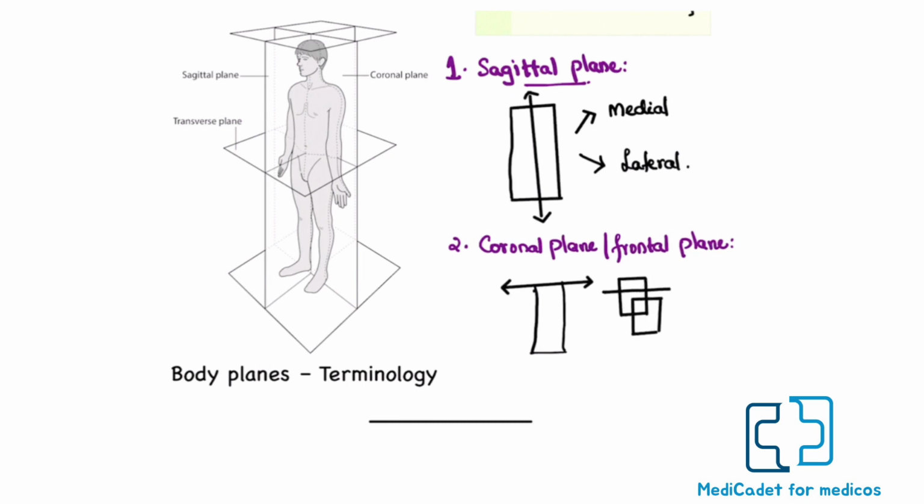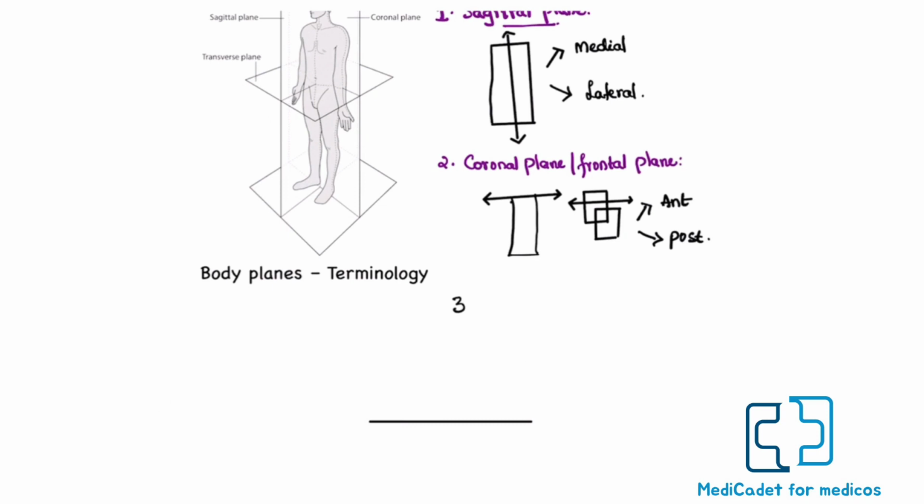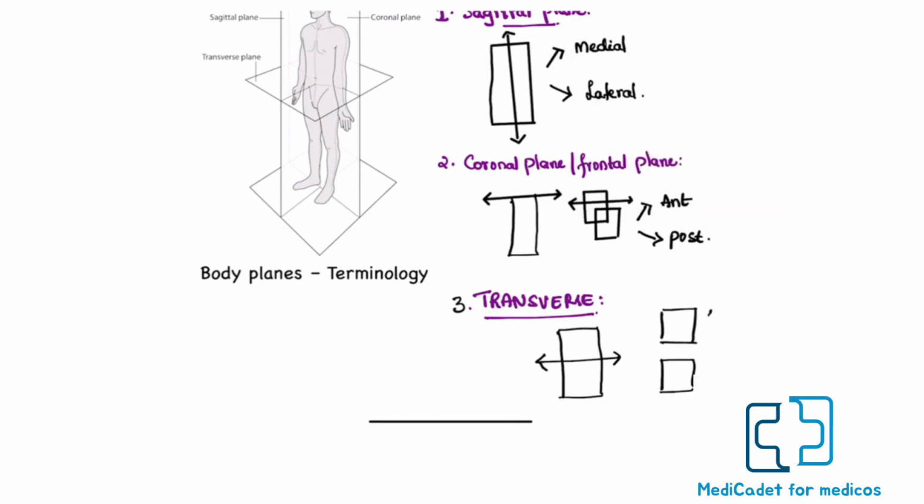And then the third one is the transverse plane. In this transverse plane, the body is divided into two halves again, but into the upper half and the lower half, right? So you divide the body into upper and lower halves. That is your transverse plane.